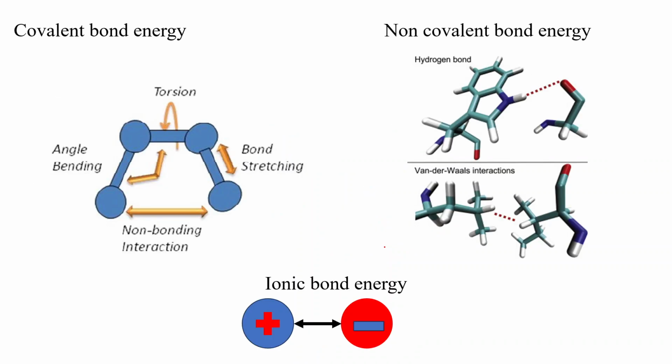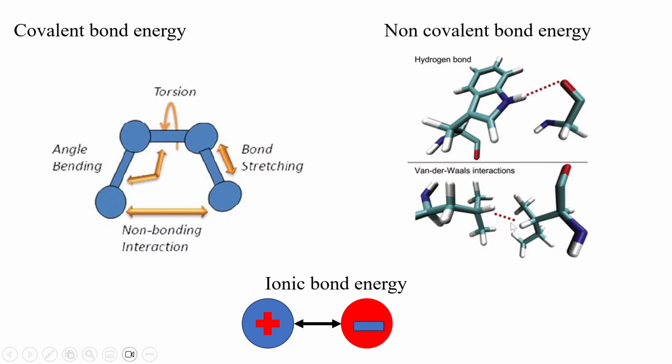So I explained bending energy, torsional energy, the rotation, and the stretching energy. These are all covalent bond energy. Non-covalent bond energy is basically the bond between two atoms that are spatially apart, and there's a bond between the hydrogen and an electronegative atom, so that is a hydrogen bond.